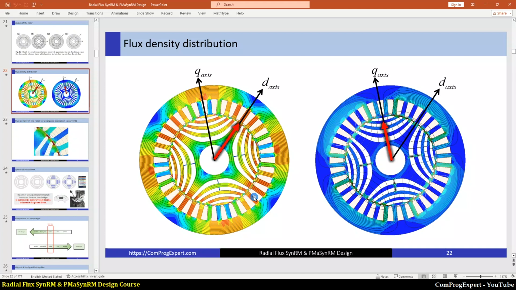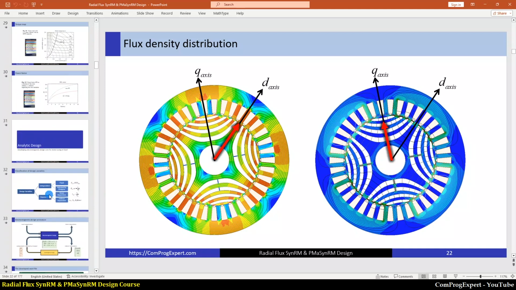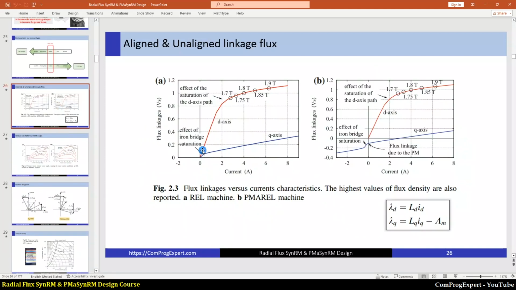So the value of reluctance in front of the stator field is low, and it's limited by the saturation of the iron core. This red curve depends on the BH curve of the electric steel that we use for manufacturing the rotor and stator core. What about the q-axis?